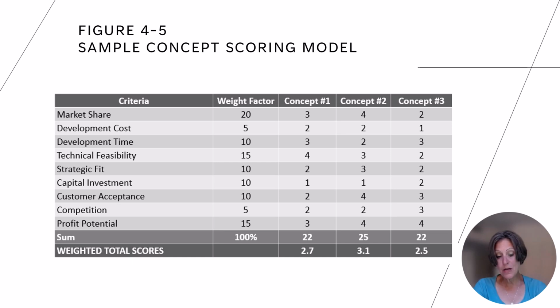Other activities conducted in Stage 5 include market testing, in which the new product and the marketing plan are tested together. There are several different forms of market testing with varying fidelity of the product prototype and of the marketing materials.